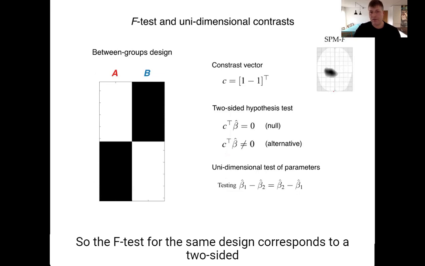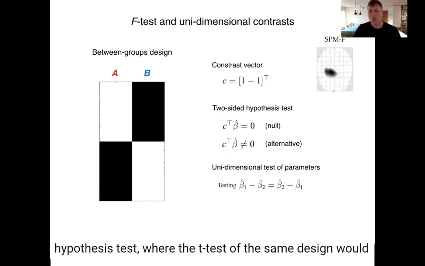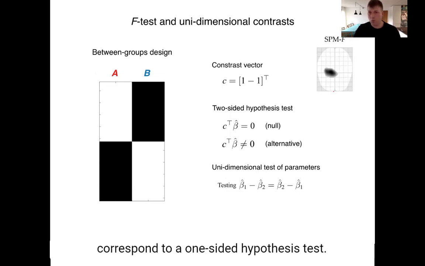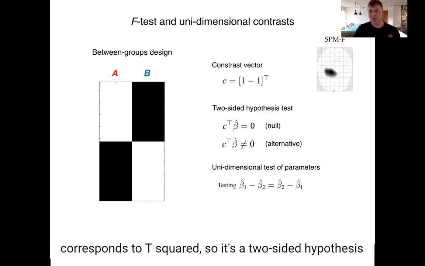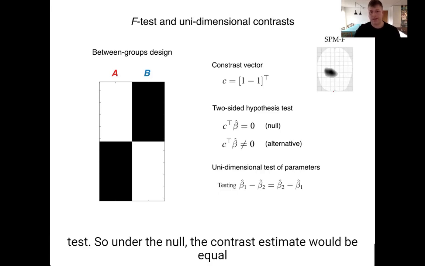So the F-test for the same design corresponds to a 2-sided hypothesis test, where the t-test of the same design would correspond to a 1-sided hypothesis test. So in other words, the F value for the same statistical design corresponds to t squared. So it's a 2-sided hypothesis test.